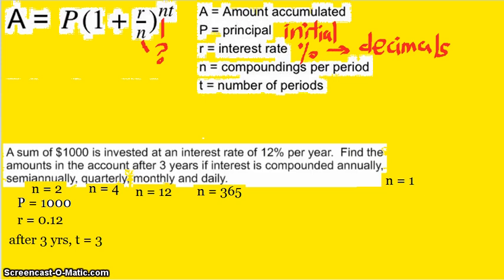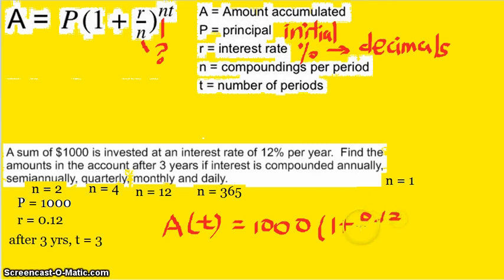Alright, so I'm going to write an expression for A of t, which is just the amount of money that I have after t number of years. This is equal to 1000 multiplied by 1 plus, my r is 0.12.